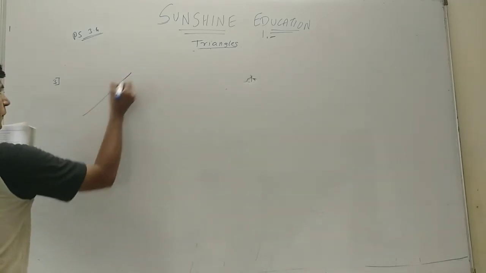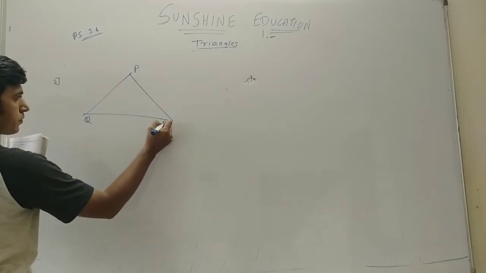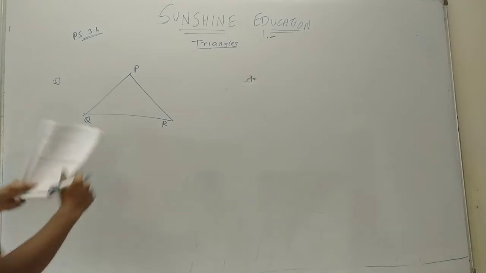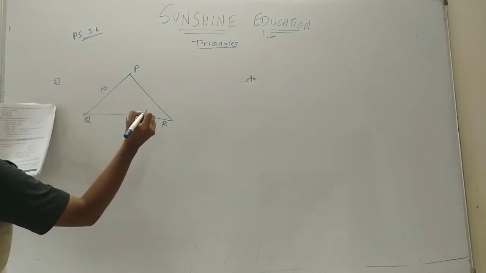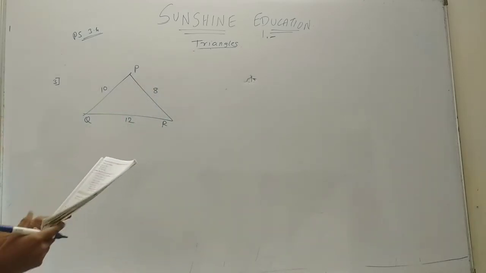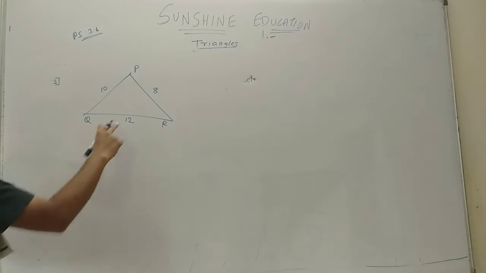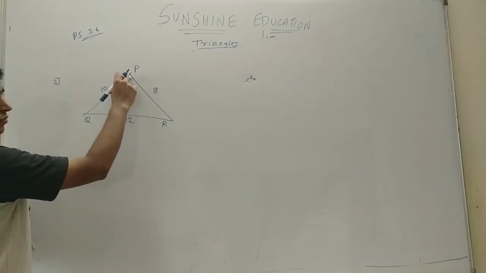In triangle PQR, PQ is equal to 10, QR is equal to 12, PR is equal to 8. Find out the greatest and the smallest angle. So 12 is the greatest side. So side opposite to greatest side we have greatest angle.